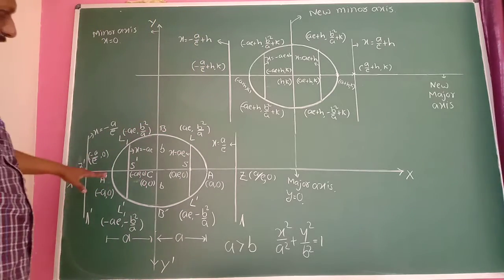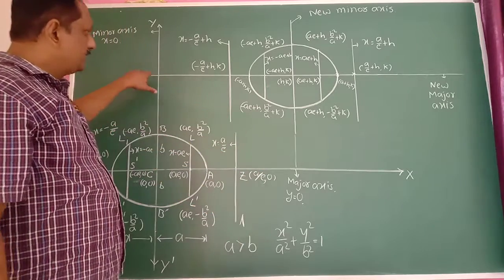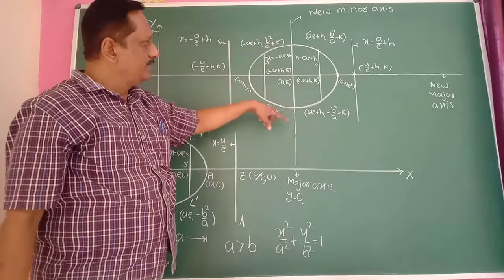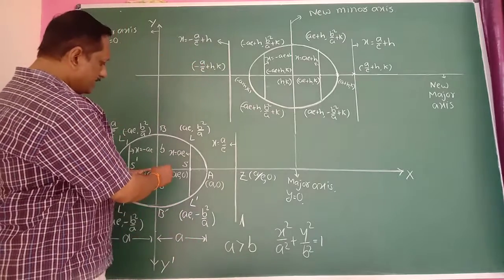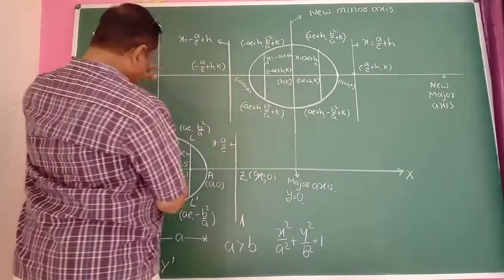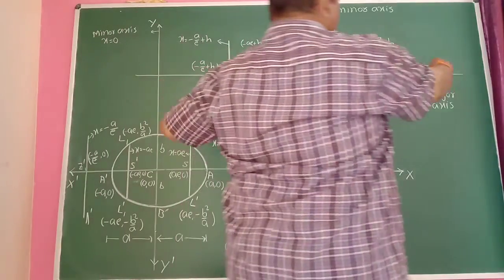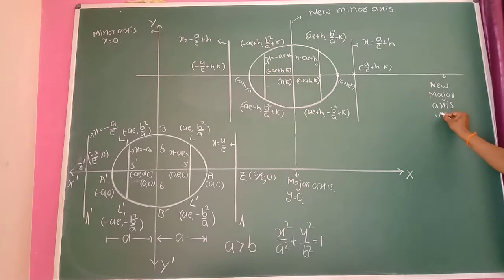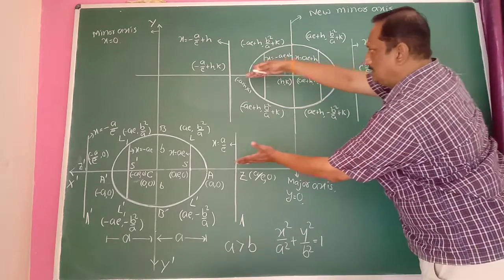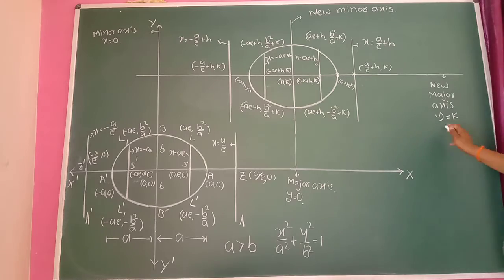And this is a new major axis and this is a new minor axis. You know that this distance is h units and this height is k units. Therefore, the equation of the new major axis becomes y is equal to k.